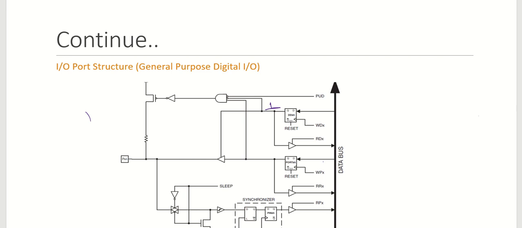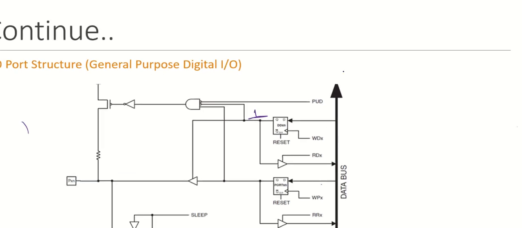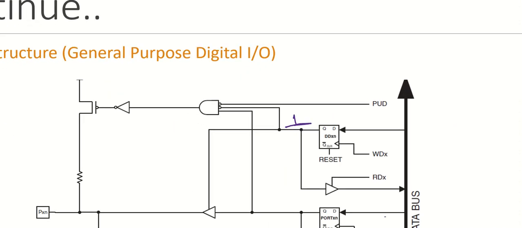Now, if you look into the internal structure of the port, okay, so let's look into the port structure. Now we have a flip-flop DDxn.